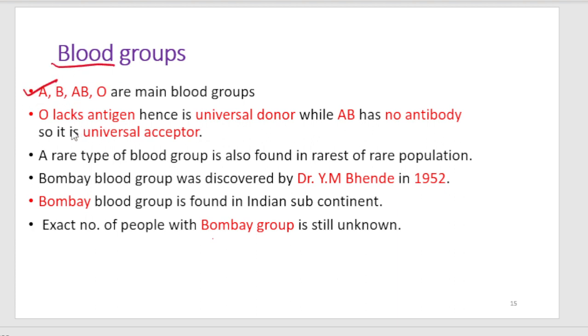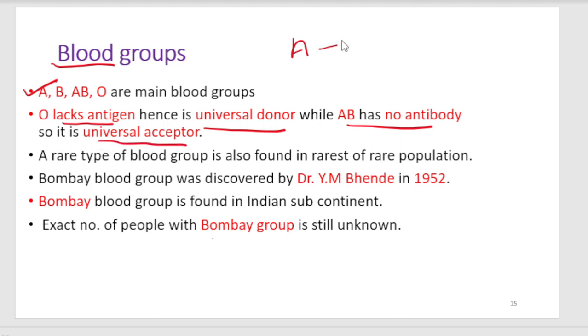A, AB, B, and O are the main blood groups. With regard to transfusion, as we know, O lacks antigen, so O is the universal donor. AB has no antibody, that is why it is the universal acceptor.